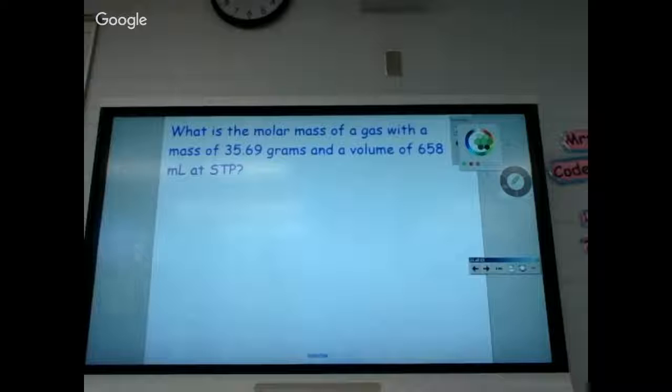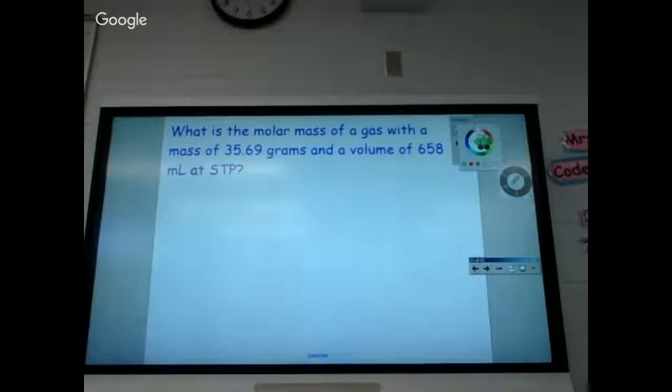So, out of your 3 formulas, PV equals nRT, molar mass, and density, which one has molar mass in it? The molar mass formula.